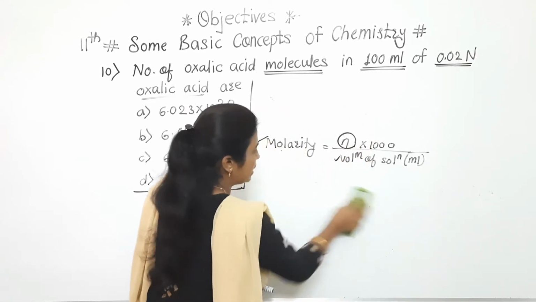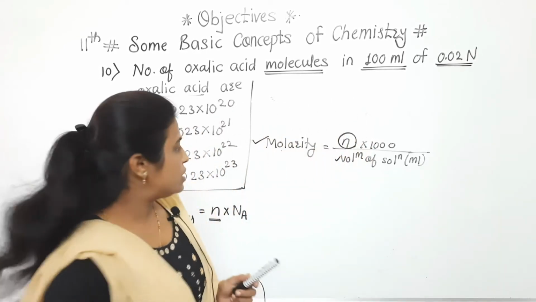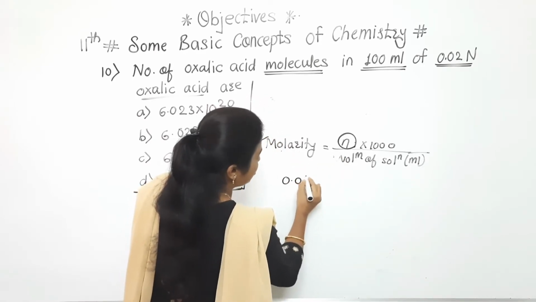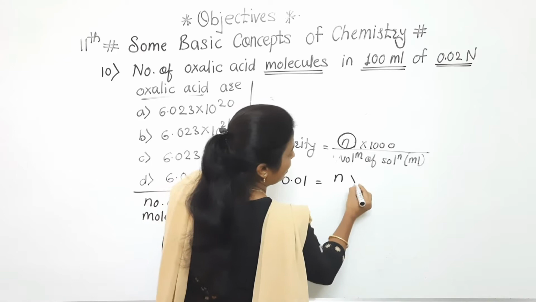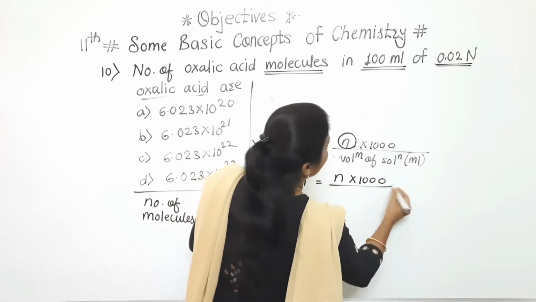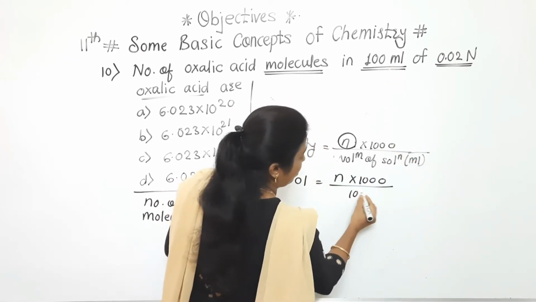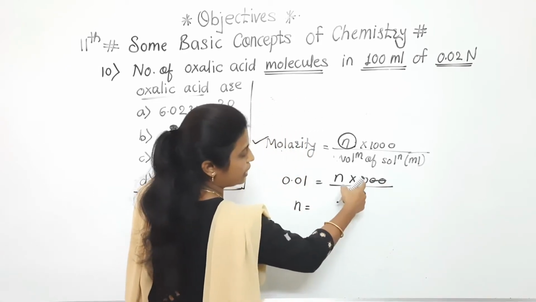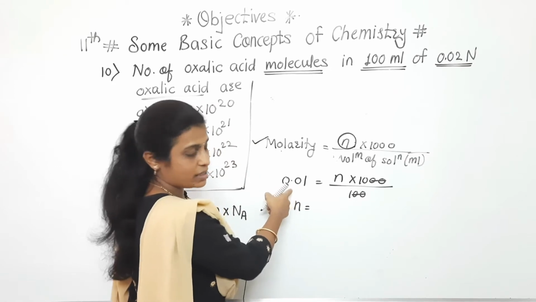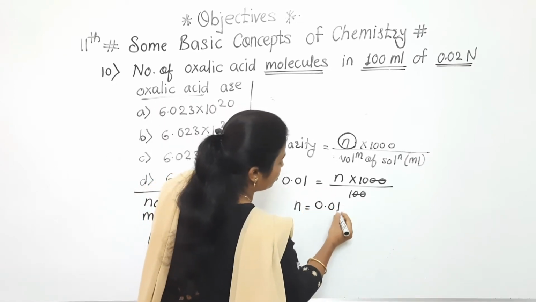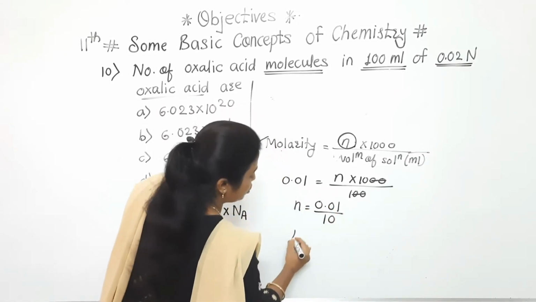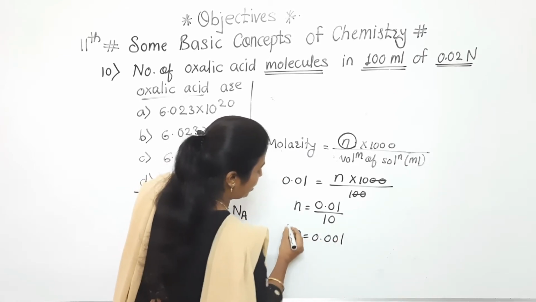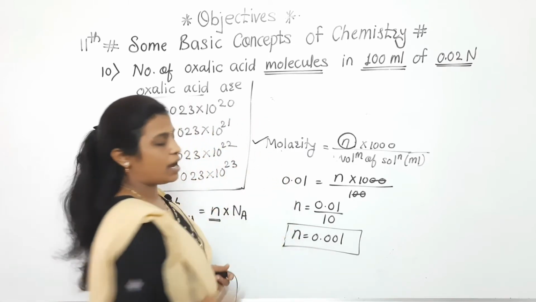Molarity 0.01 is equal to n into 1000 divided by volume of solution, which is 100 ml. So the 10s get cancelled, and n is equal to 0.01 divided by 10. So n is equal to 0.001. That many moles are coming.